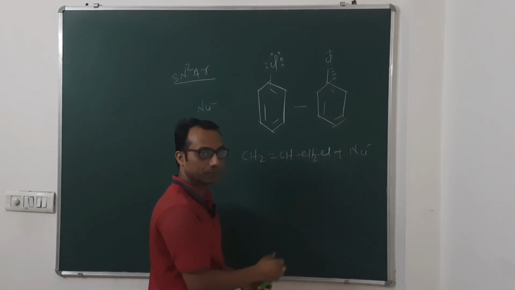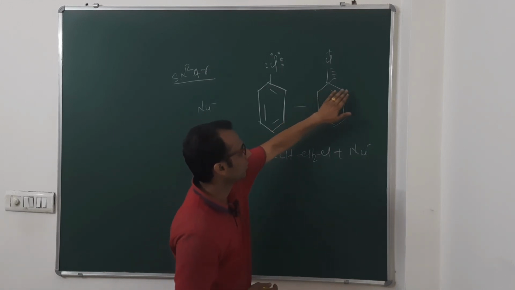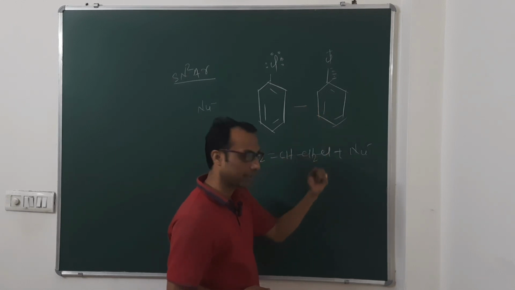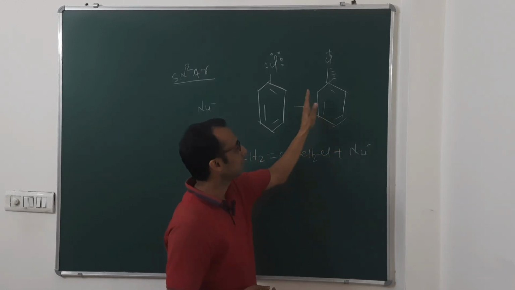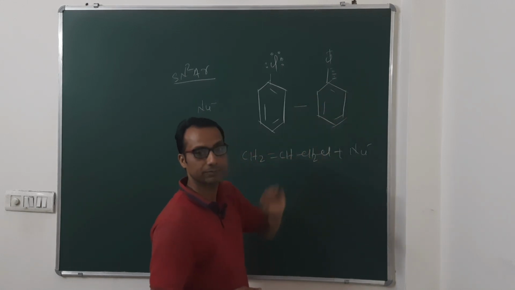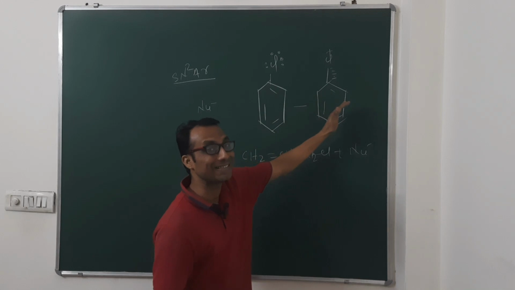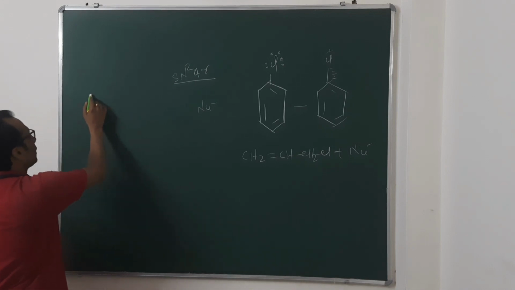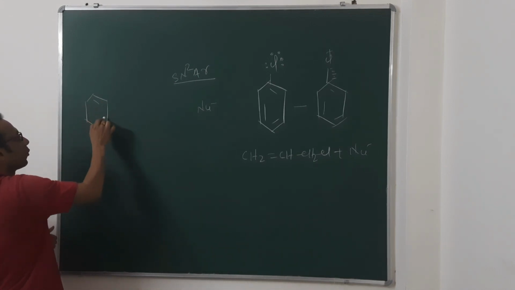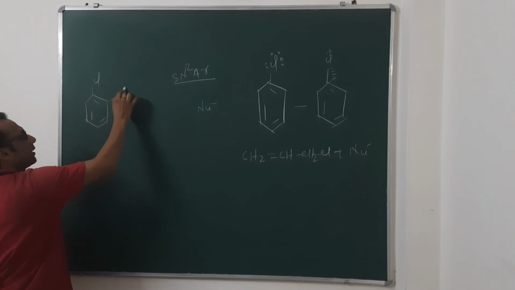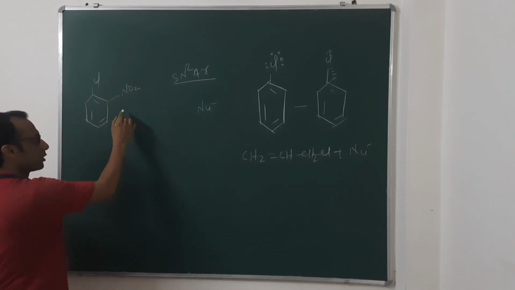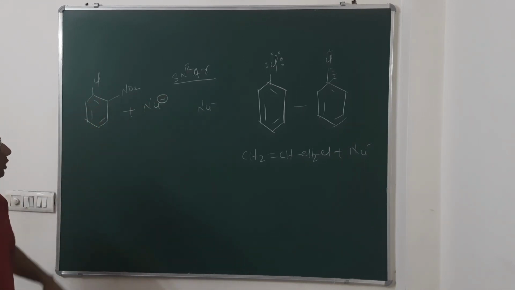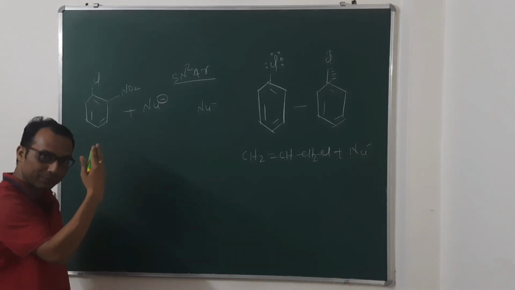The electron withdrawing group takes the electrons from the benzene ring, hence the density decreases at these positions, so that any nucleophile can easily attack the compound. Suppose you have chlorobenzene, and here NO2 is attached. Then very easily any nucleophile can attack the chlorine position, and then SNAr is possible.